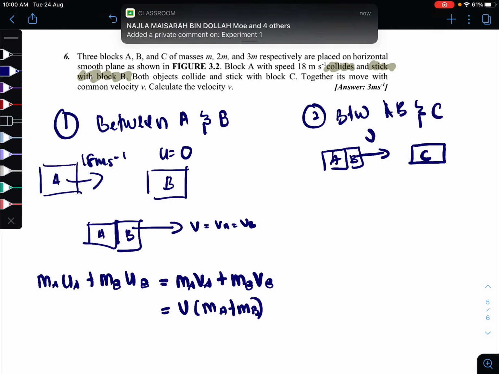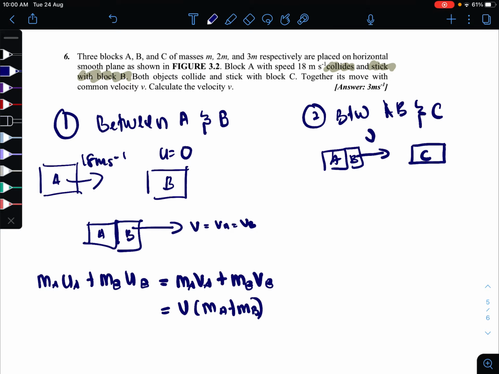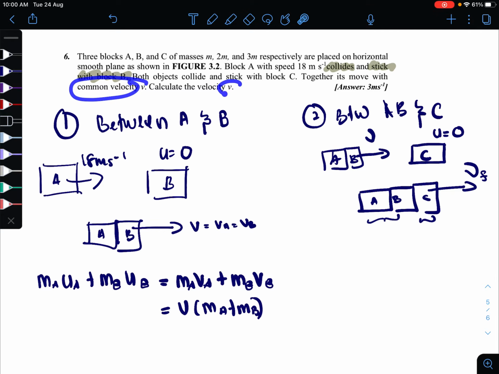C was not moving, UC equals zero. After that, A and B, as one system, collide with C. After they collide, they are going to move with one final velocity, and that is what the question asks us to find, the common velocity that they move together.